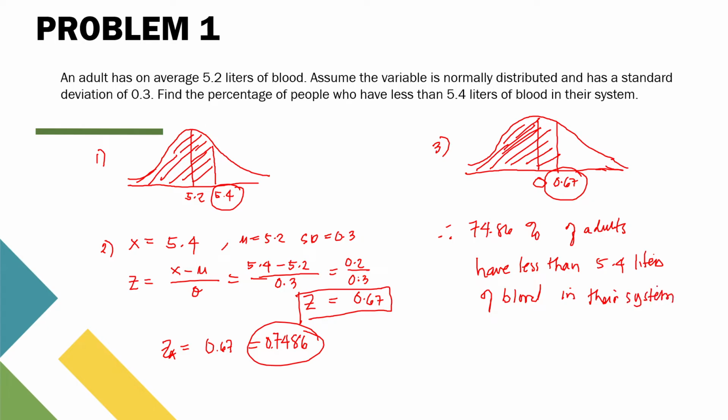Okay, so this is the conclusion. We have step 1, step 2, and step 3. So 74.86% of adults have less than 5.4 liters of blood in their system. So this is problem number 1.